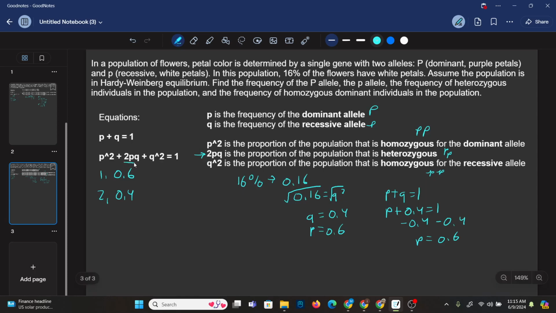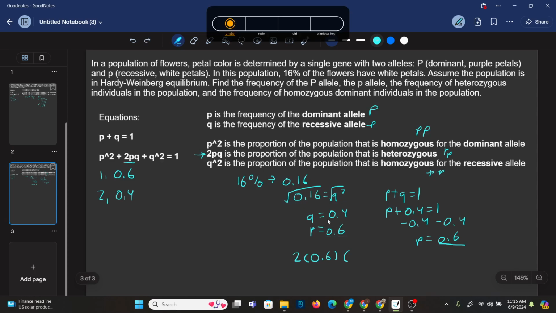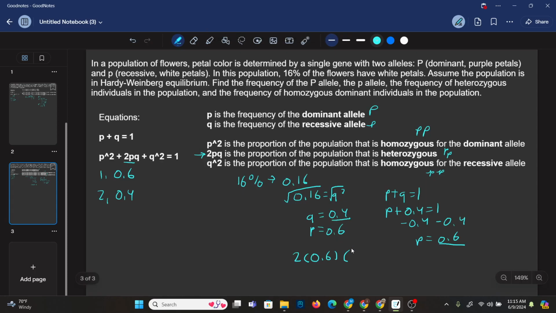So we do 2 times P, which is 0.6, times Q, which is 0.4. And when we type that into the calculator, we get a value of 0.48. So that's number 3.